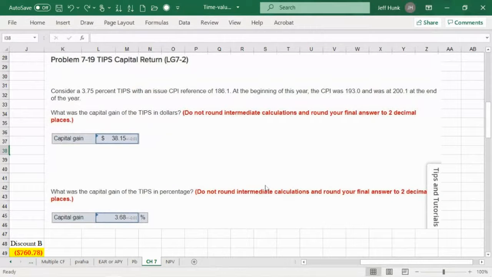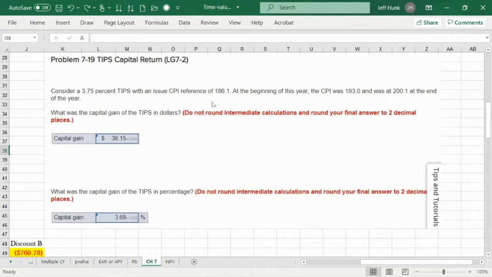CPI of 100 is the base year, because the base year's price level, the price index, must be 100. So if the CPI is 186, that means whatever the current year is, compared to the base year, the price level is almost twice as high.